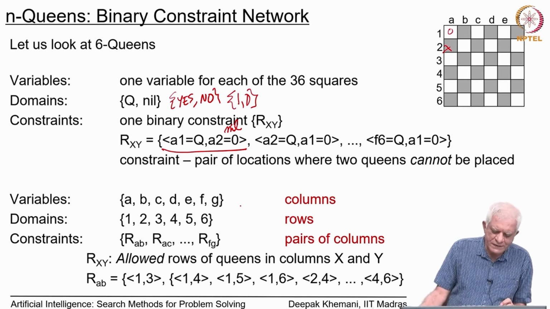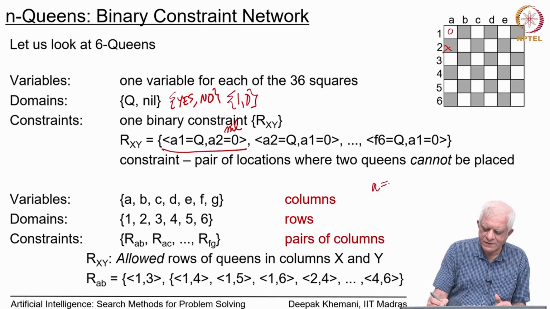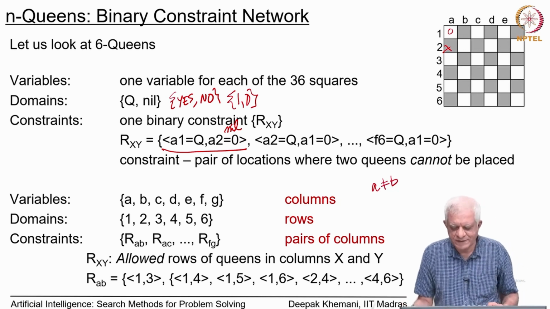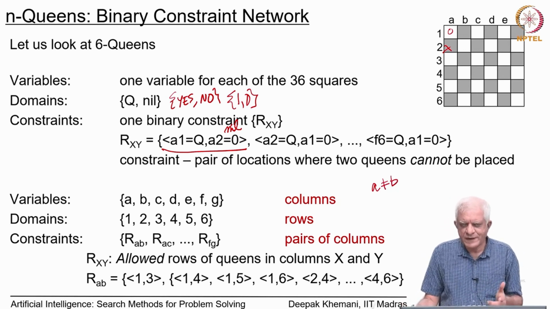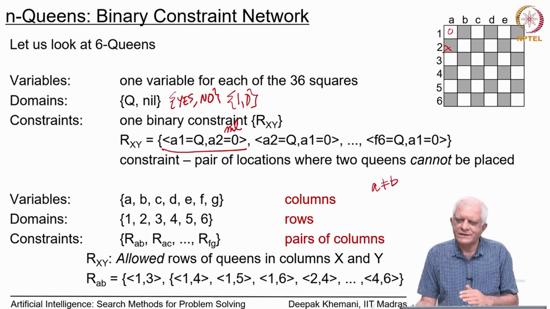And now we are talking about binary constraint networks. Obviously, we can do this in an intentional form. So, for example, you could say that A is not equal to B. In fact, you can say all different here and say that you cannot place 2 different queens, A and B, in the same row.